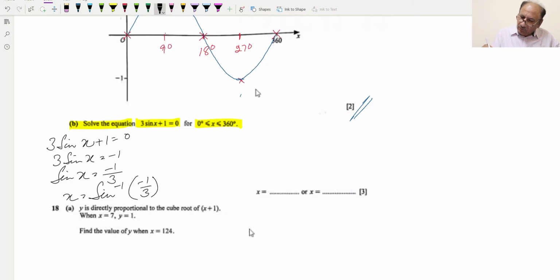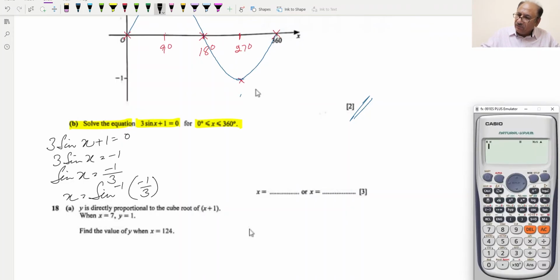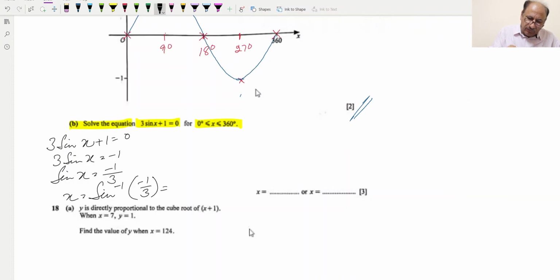Now if we calculate with shift sine of minus 1 over 3, this will be equal to minus 19.47. We can take minus 19.5 degrees. Now this is the angle.